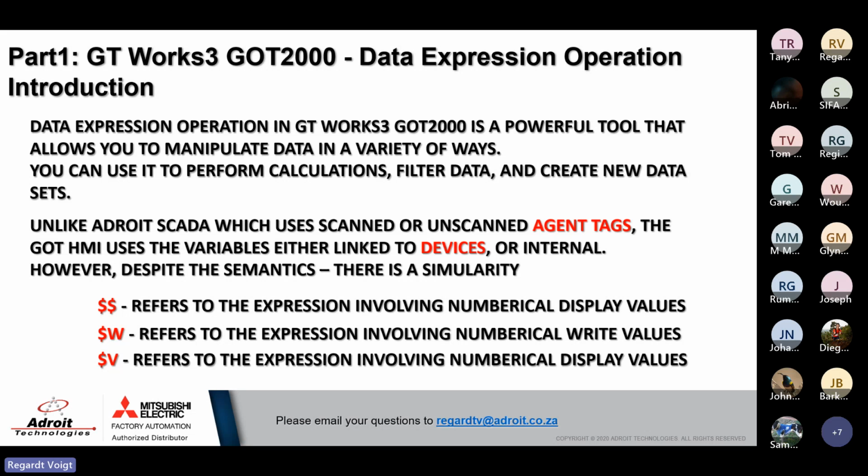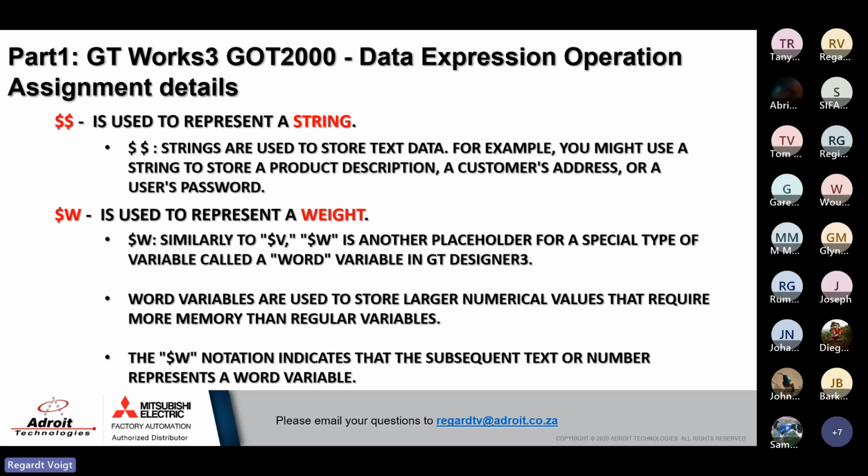The three main types of variables that will be used are your dollar signs, your $W and $G, depending on your application or the tag that you want to display, and so on. We can explain each one of these types of expression variables in detail in the following slide.